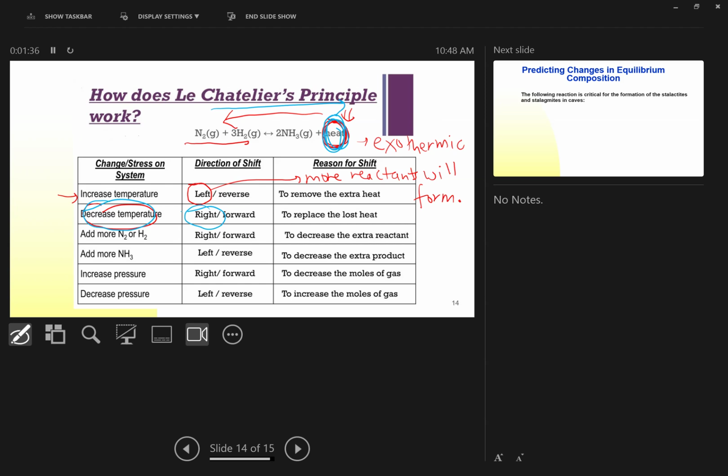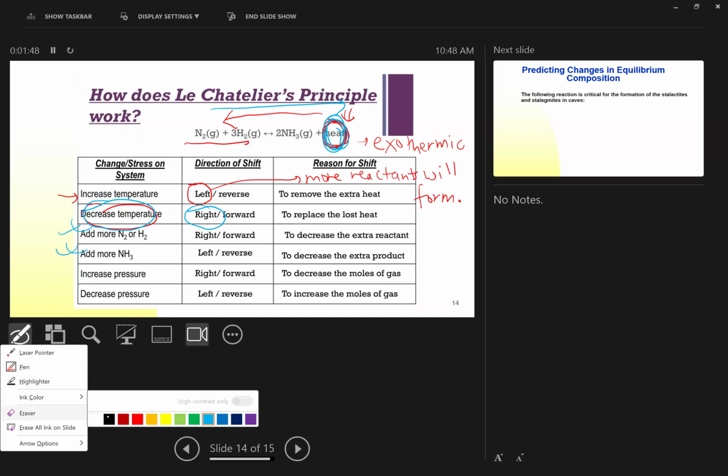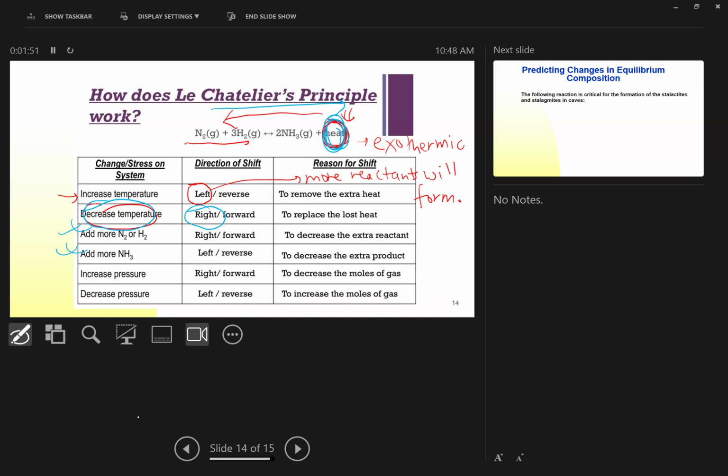All right, so I'm not going to go over this and this. Make sure you take your time to go over these. I'm going to go over the last two because we haven't gone over how pressure affects the equilibrium. An easy way to think about this is increasing pressure. For example, like I said in class, with a reaction, I can increase the pressure, for example, if I had a box that I can compress.